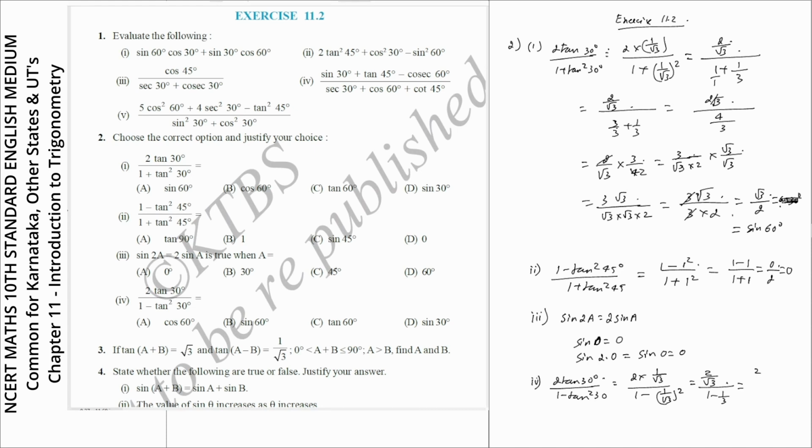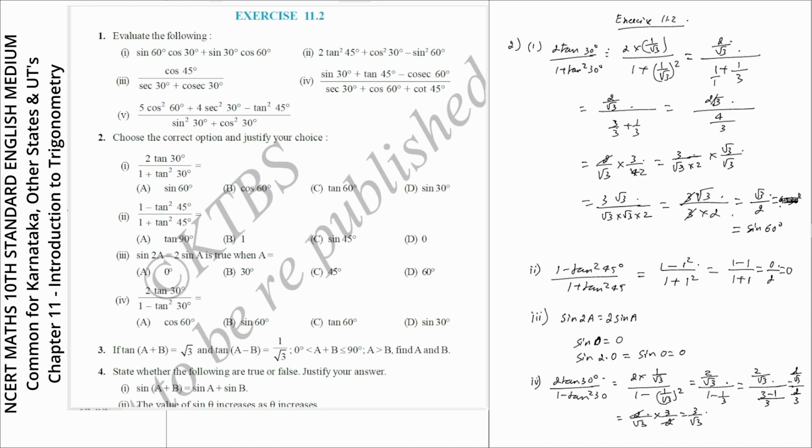Taking LCM, 3 is the LCM in the denominator, so 3 minus 1 over 3, which is 2 by 3. So this is 2 by root 3 divided by 2 by 3. If I take 2 by 3 to the numerator, it becomes 3 by 2, and the 2 will get cancelled.